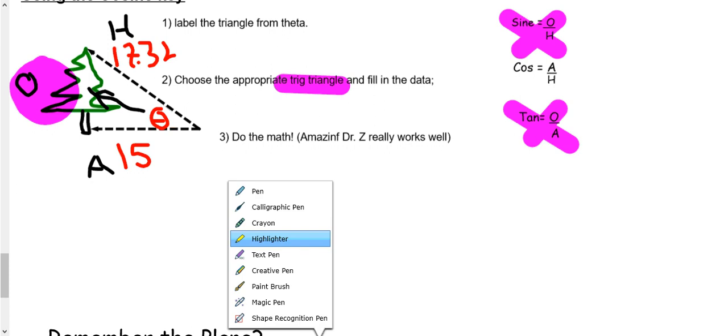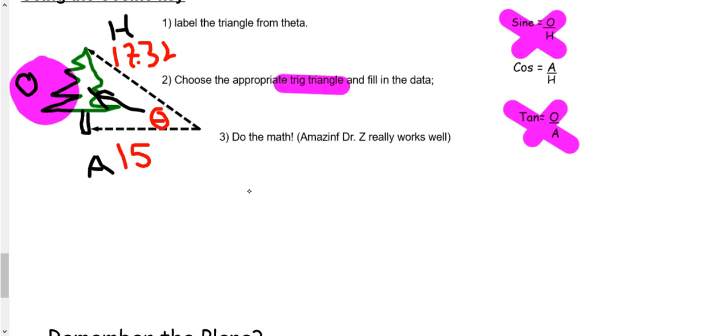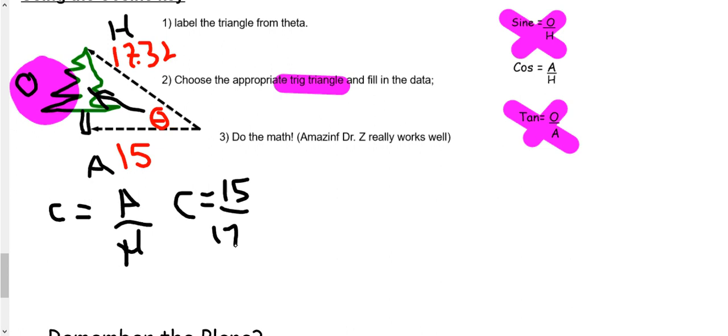All right? So it's not that we're haters on opposites. It's just not useful to us in this one. So here we're going to go cosine is equal to adjacent over hypotenuse. Okay, so cosine, we're going to fill in the information now. Adjacent was 15. Hypotenuse was 17.32.